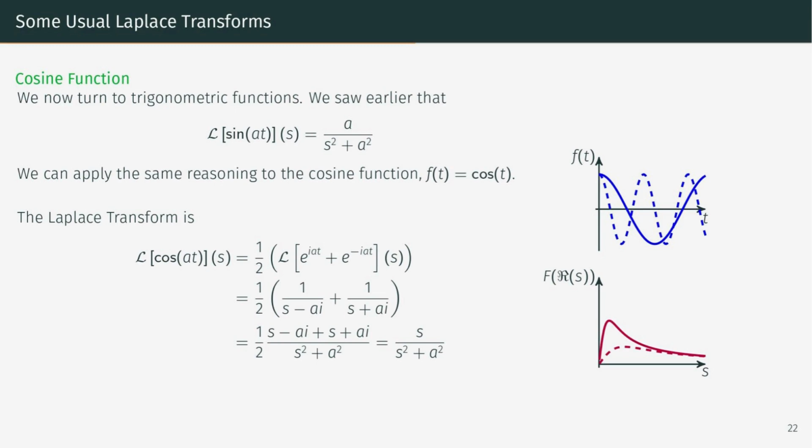And through algebraic manipulation, we can see that this becomes 1/2 times (s minus ai plus s plus ai) over s squared plus a squared, which then simplifies to s over s squared plus a squared. The bottom graph again shows the graph of this Laplace transform for real values of s.